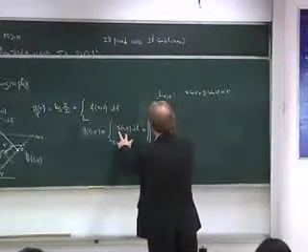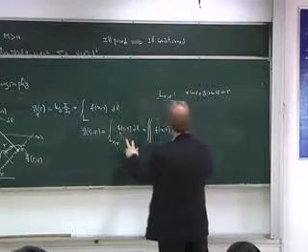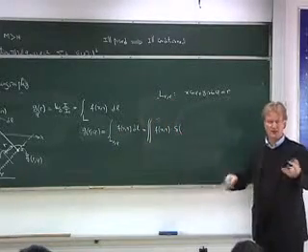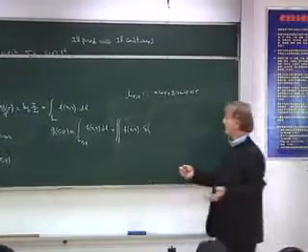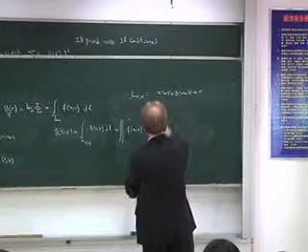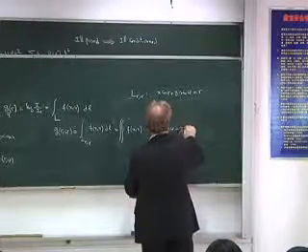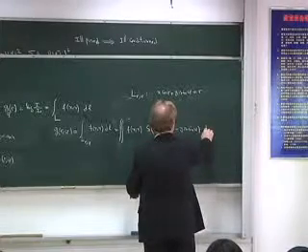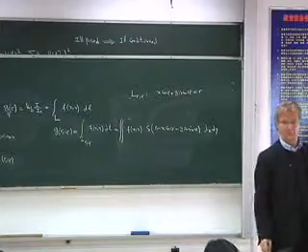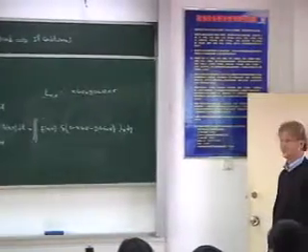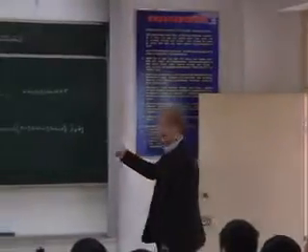I can write f of x and y, and here put a function which is equal to 1 on the line and 0 elsewhere. So I have here this equation, and this is the equation that this morning we wrote.